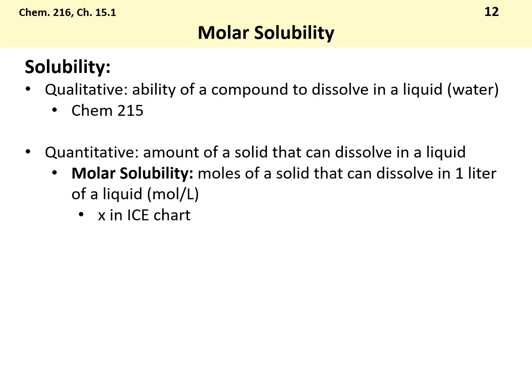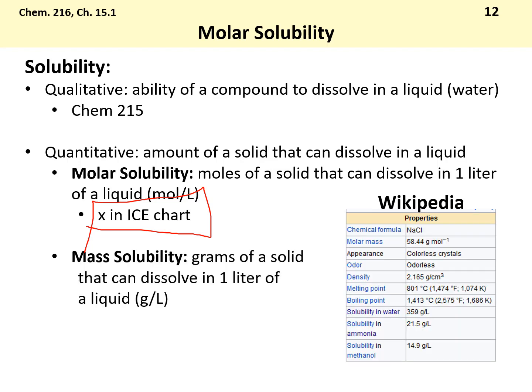We can find molar solubility because this is the value for X in ICE charts, right? So in that problem right behind me, it would be 6 molar, or 6 moles per liter. We can also convert from molar solubility to mass solubility. Mass solubility is the grams of a solid that can dissolve in 1 liter of a liquid.